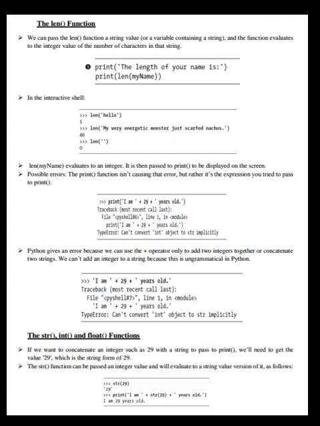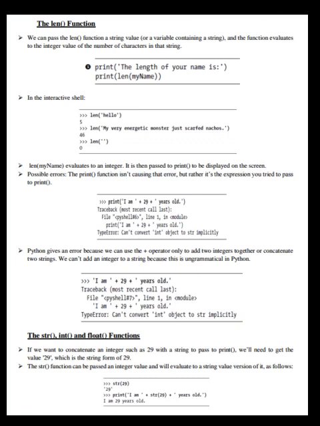Possible errors. The print function is not causing the error, but rather it's the expression you tried to pass to print. Python gives an error because we can use the plus operator only to add two integers together or concatenate two strings. We can't add an integer to a string because this is ungrammatical in Python.